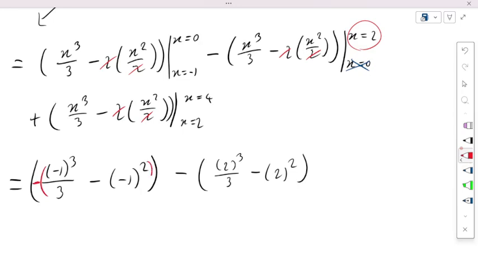Because remember, this is actually our capital F of A, right? And it came from the minusing of capital F of B, right? But we disregarded capital F of B. So therefore we're left with negative F of A. And that's why this negative should actually be here.